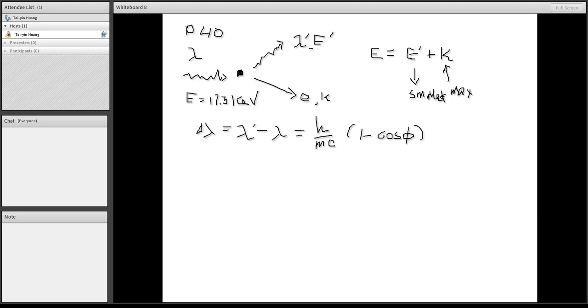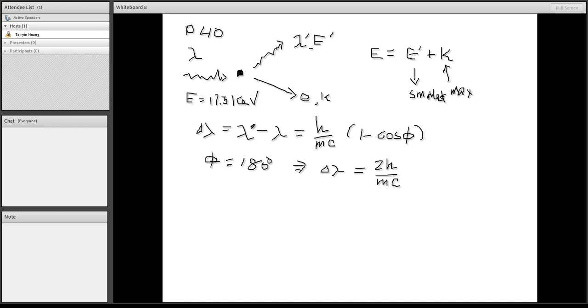Because we want to find the smallest E prime, lambda prime has to be largest. In order for lambda prime to be largest, your delta lambda, the Compton shift, has to be largest as well. Now, if you look at the angle phi, it has to be 180 degrees so that your delta lambda will be the largest. If you choose phi to be 180 degrees, your delta lambda, the Compton shift, is equal to 1 minus (minus 1), so that becomes 2h over the mass of the electron times the speed of light.